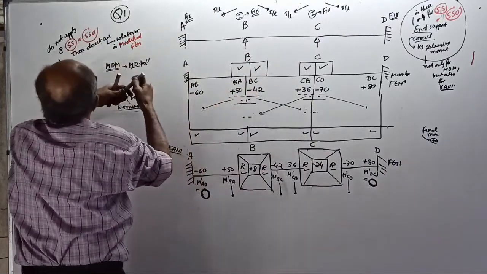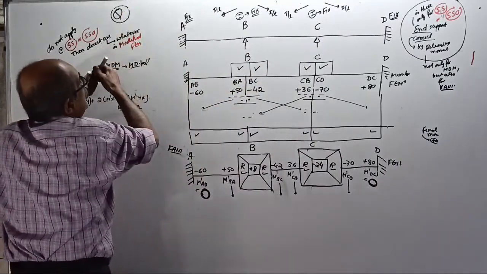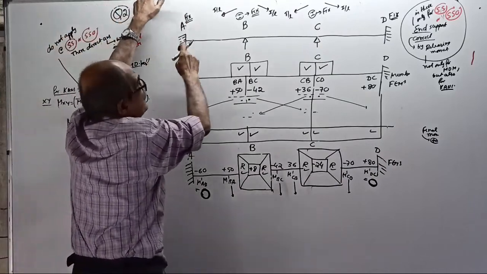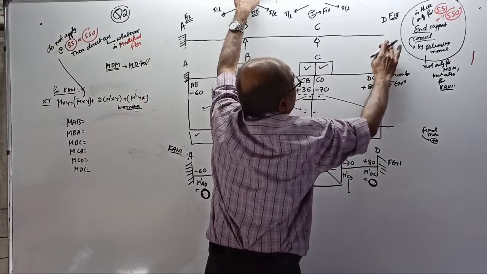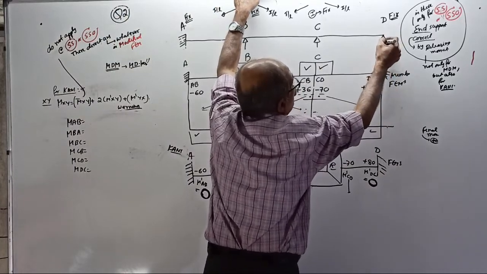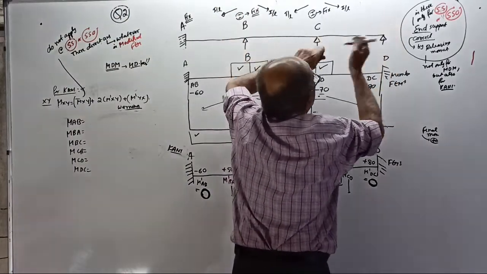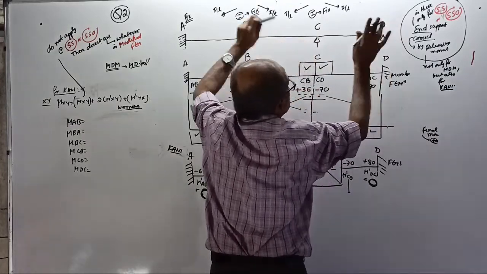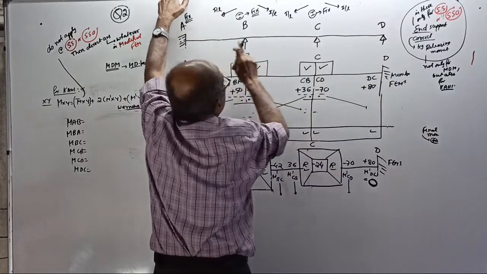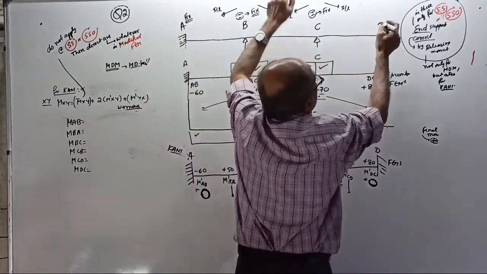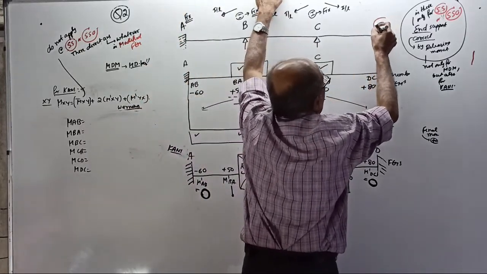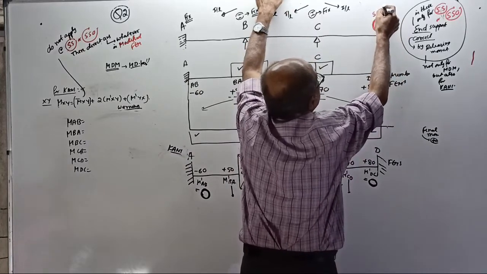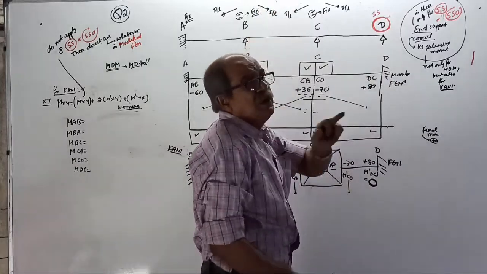Okay, now start. Question number 2, be careful now. Question 2 is left side fixed support, right side is simple support. Now here see, right side support D is simple support, with only one member.